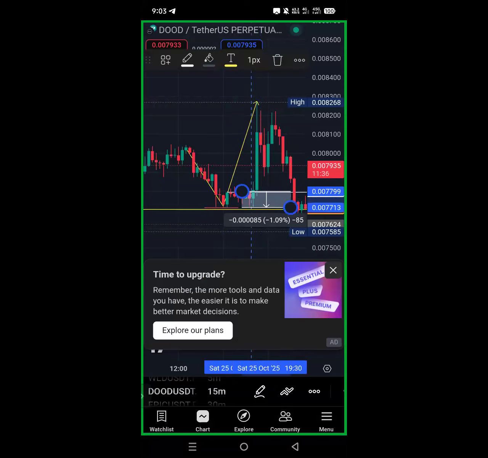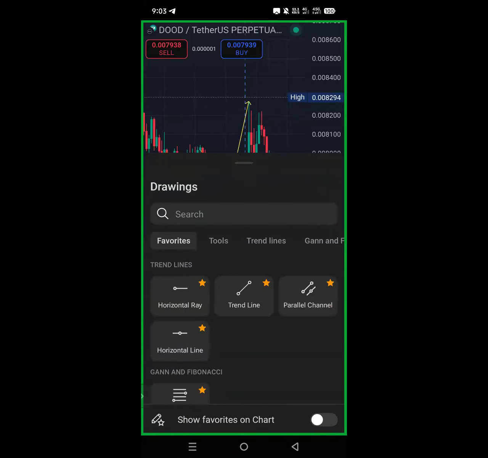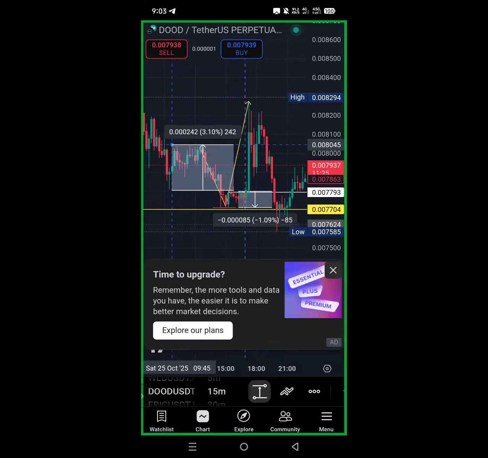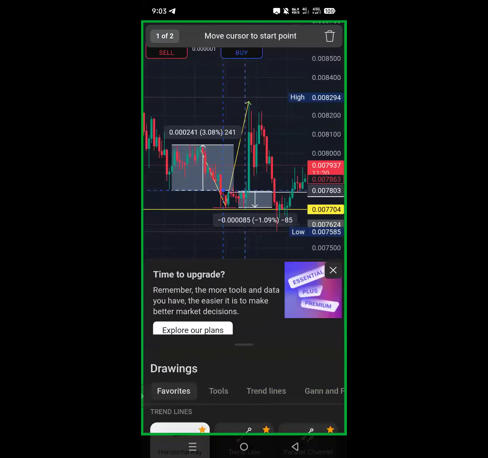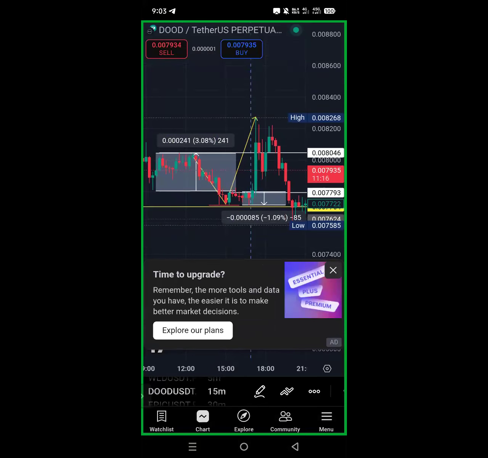Then you measure and take profit at the nearest resistance. So if you enter here, this will be your immediate reasonable resistance point. That level would be the most prominent resistance zone for you.